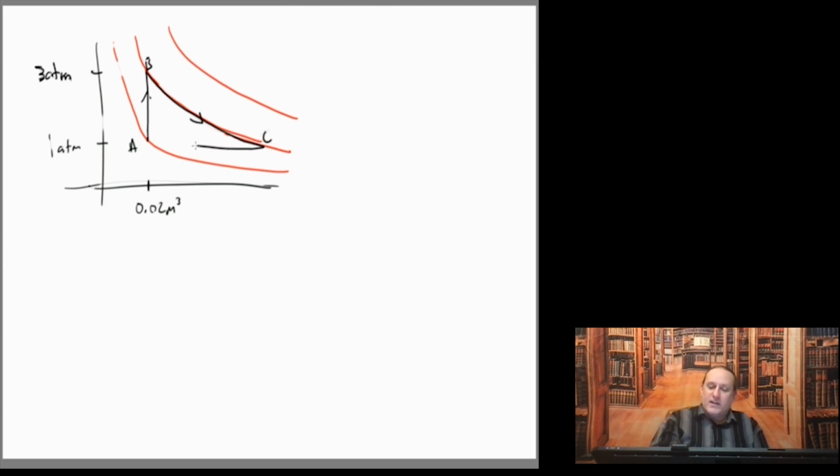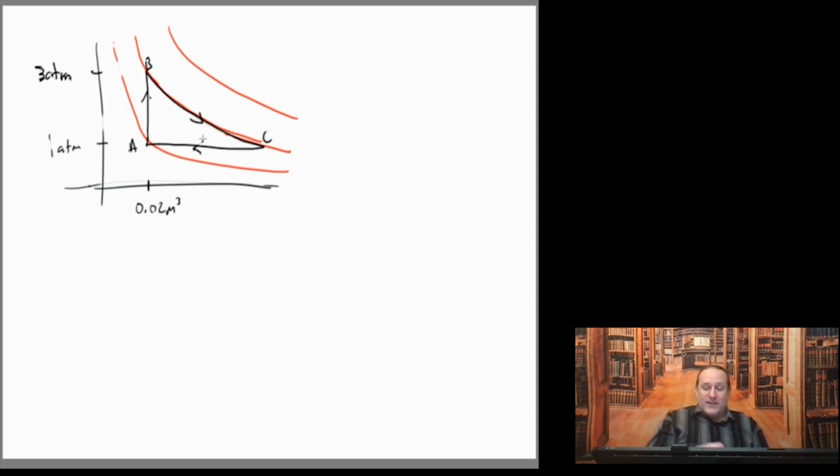And then an isobaric compression bringing us back to point A. And we want to know what is the net work input, what is the total work from the cycle, what is the net heat input and the efficiency, and finally we will compare this with the Carnot engine.